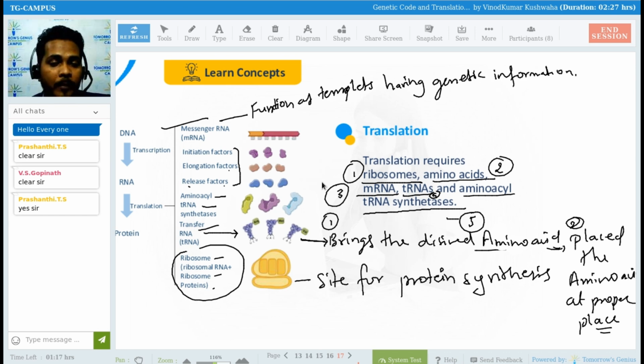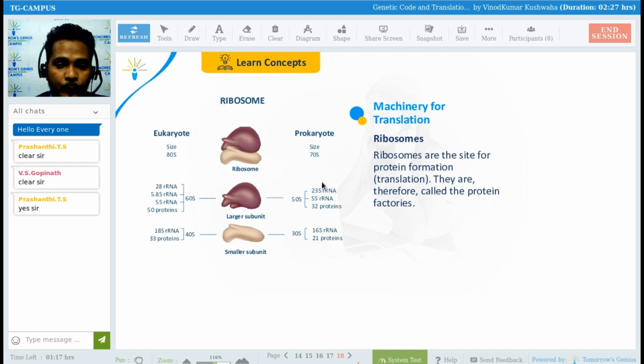Now let's focus one by one on the structure of each component. So very first there is the ribosome. Now what is a ribosome? You know very well that protein synthesis occurs over the ribosomes, and these ribosomes are therefore called the protein factories. What is the ribosome called? The protein factories. And each ribosome has two unequal parts.